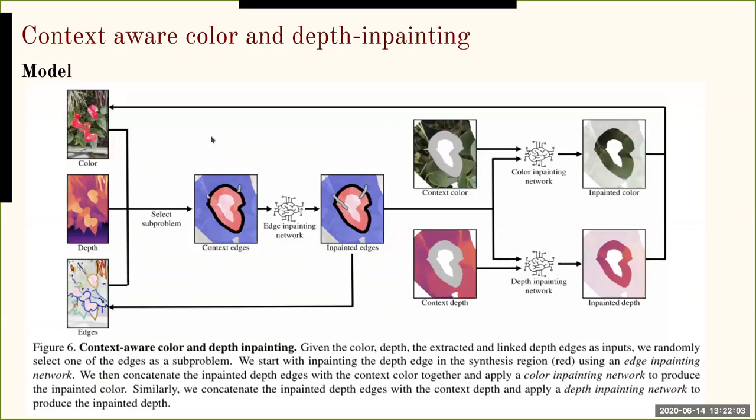So this is the model. See, they are having a depth synthesis model, selecting a subproblem, they are selecting a depth, they're even using the edge for the GANs for inpainting these models. So this is kind of a pipeline of the model which they have used. So these are different kinds of state-of-the-art models. Mind you, these are not older than 5 years.